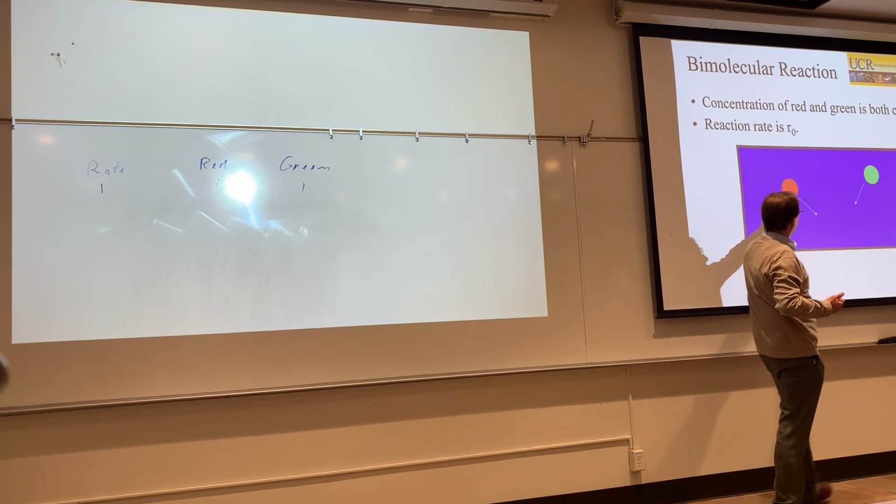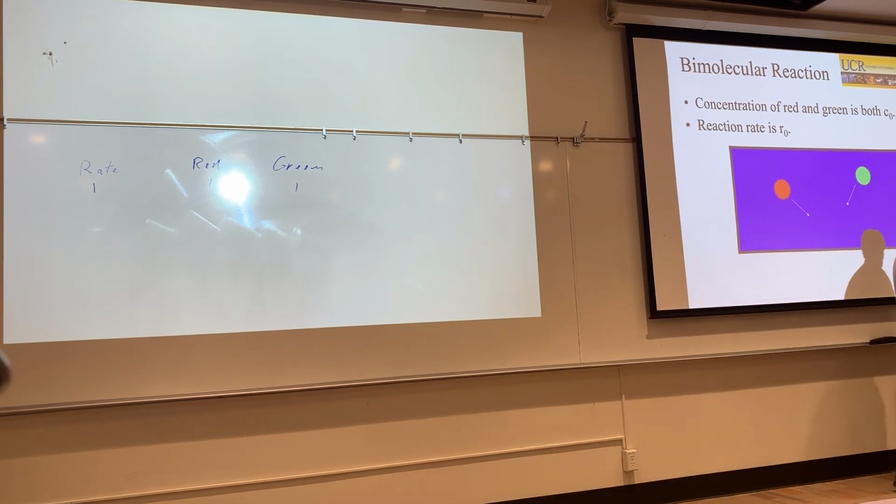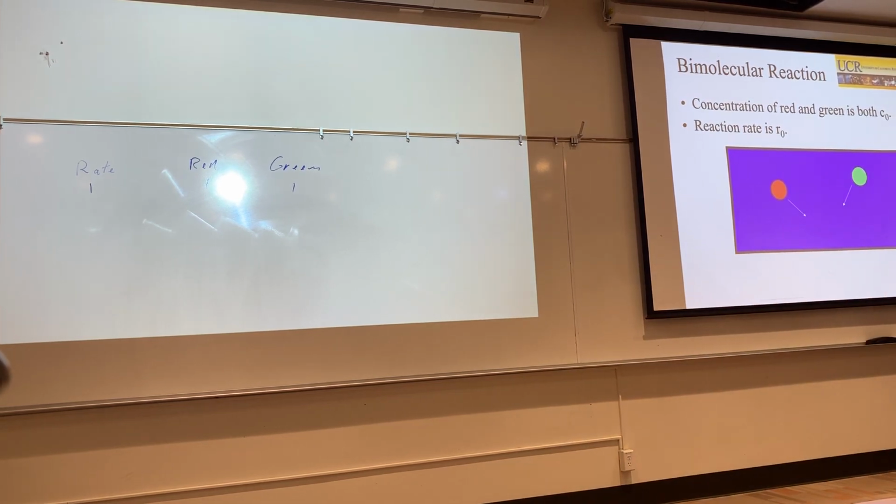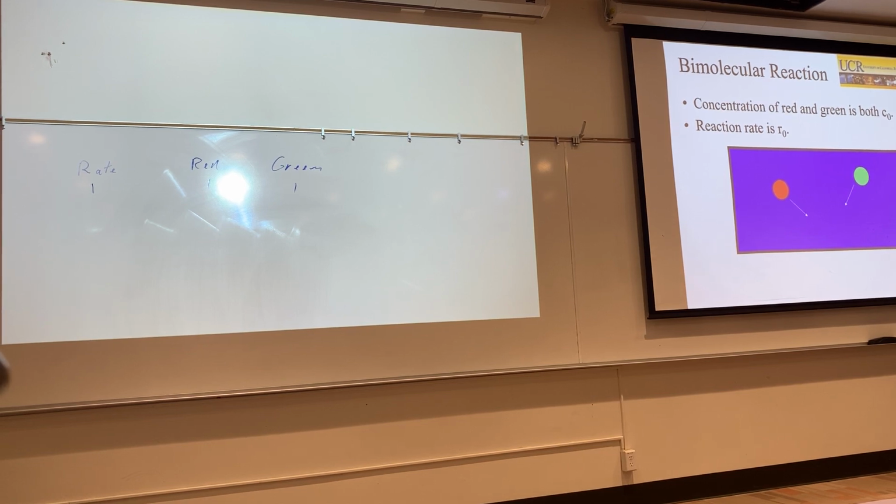And how big the chance is that they undergo the reaction, that depends on the ratio of the kinetic energy to overcome the activation barrier and the size of the activation barrier. And the kinetic energy is of course given by kT, and so it is the activation barrier divided by kT.